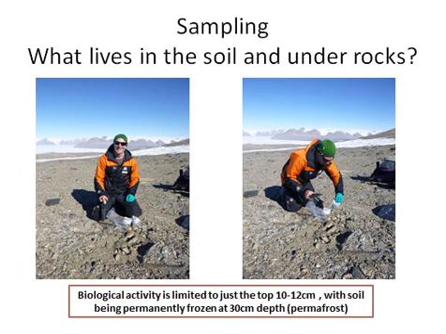So this is a photograph of me taking some soil samples, and we were collecting soil and putting them in 3 separate bags for 3 separate studies. And we find in this soil that the biological activity is limited just to the top few centimetres.